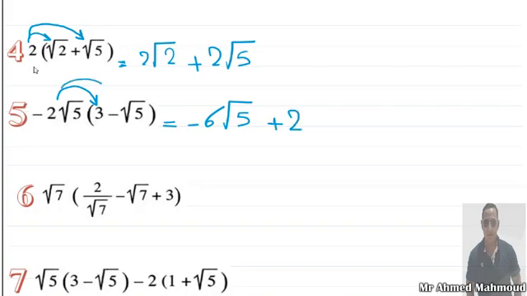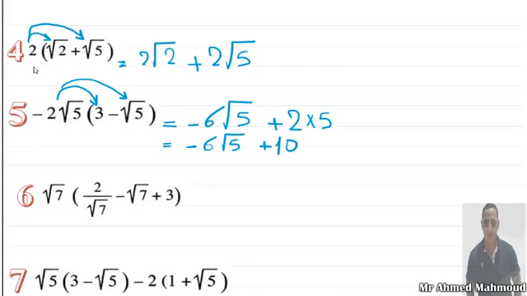And root 5 times root 5 equals 5. Then I'm going to write here times 5. Okay, I'm going to simplify like this, negative 6 root 5 without change. But here 2 times 5 equals 10. Then I'm going to write the 10. Now I have negative 6 root 5 and 10. They are unlike, then I will leave them without change.